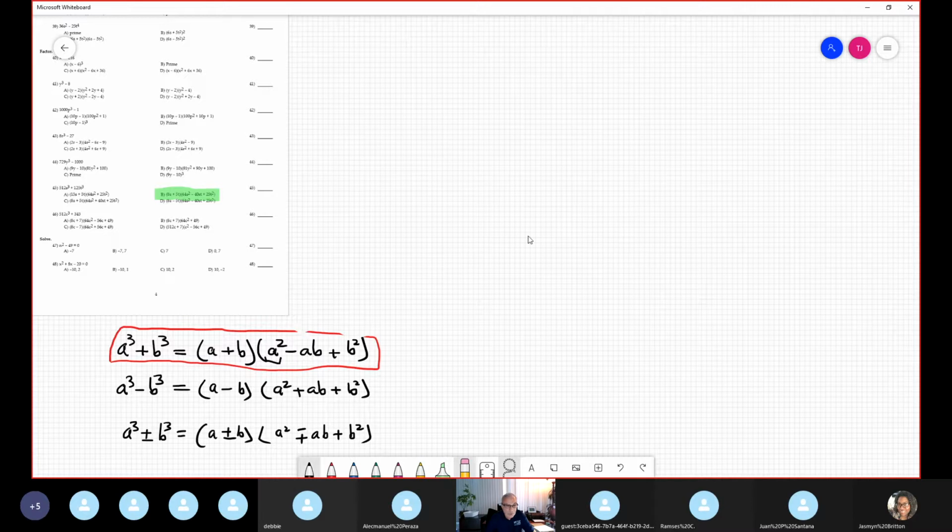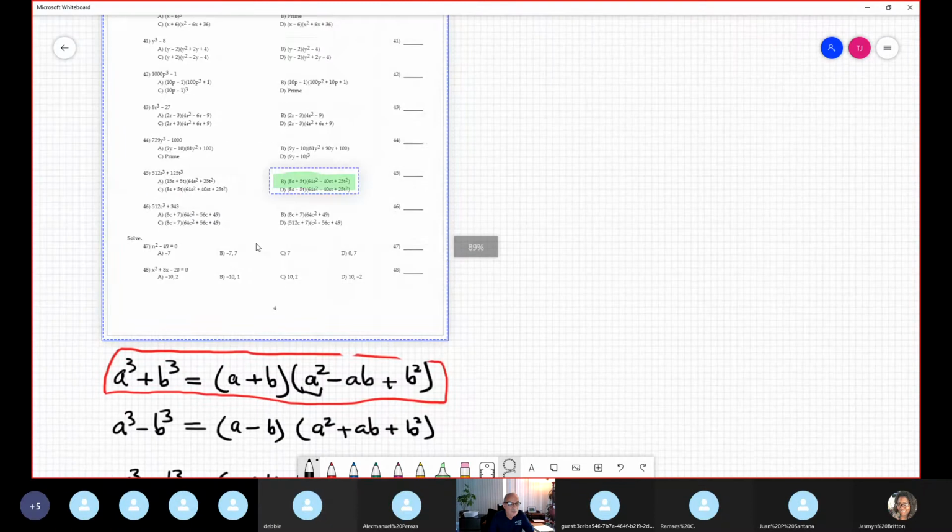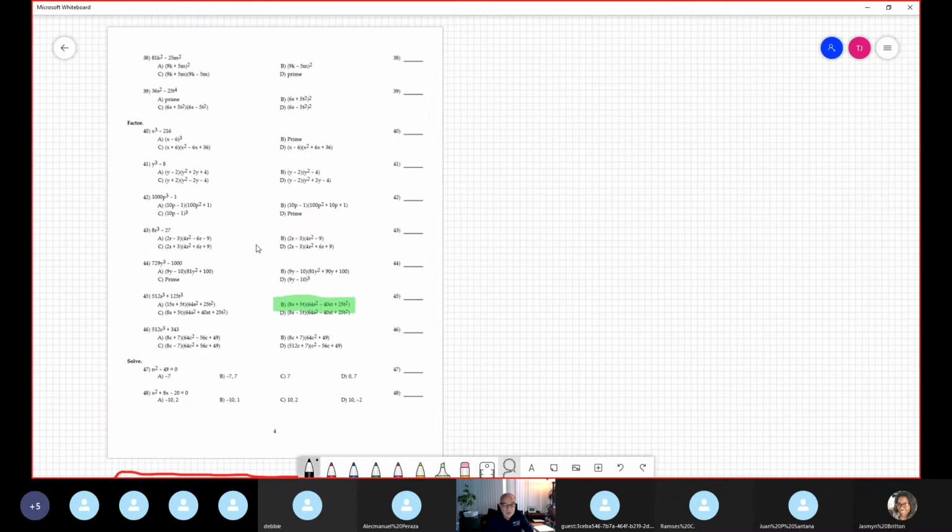Okay. 46. Well, 46 is similar. The only new thing is that we have 512c cubed plus 343. I did it before, okay, the cubic root of 512c cubed is 8c.